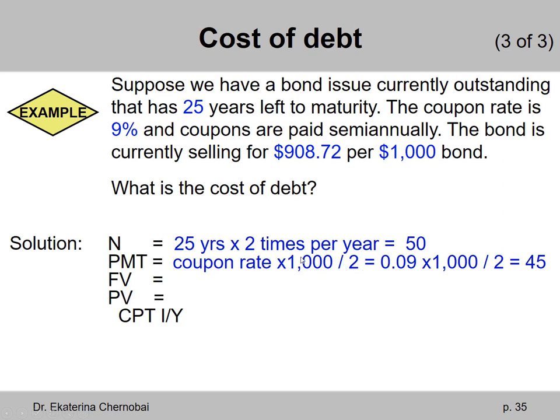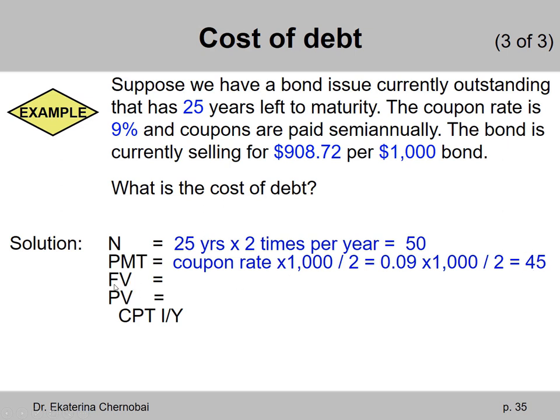So coupon rate times $1,000, and then we need to divide it by 2. Plugging in the numbers, 0.09 coupon rate times 1,000 divided by 2 gives 45. So $45 every half a year, that's the coupon payment.